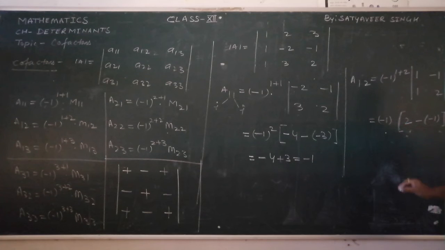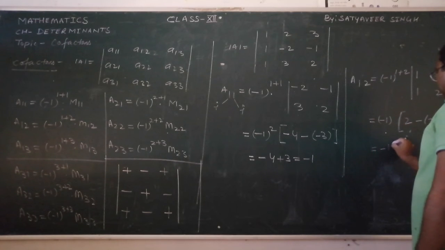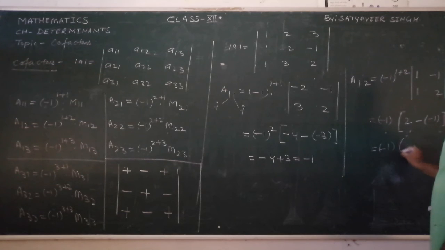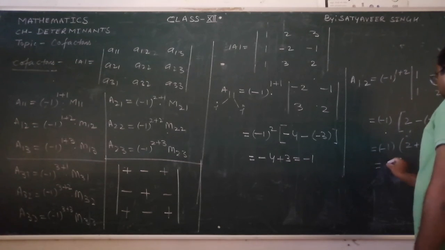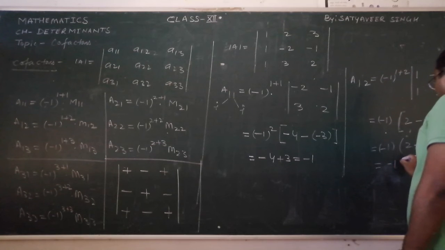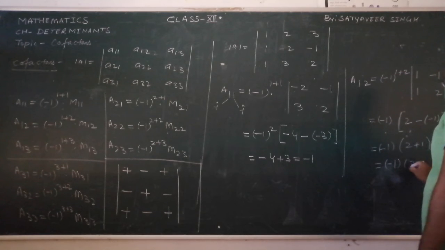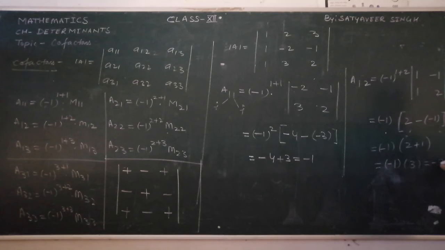So this you will solve further. It is minus 1 into 2 plus 1, which is minus 1 into 3, which is equal to minus 3.